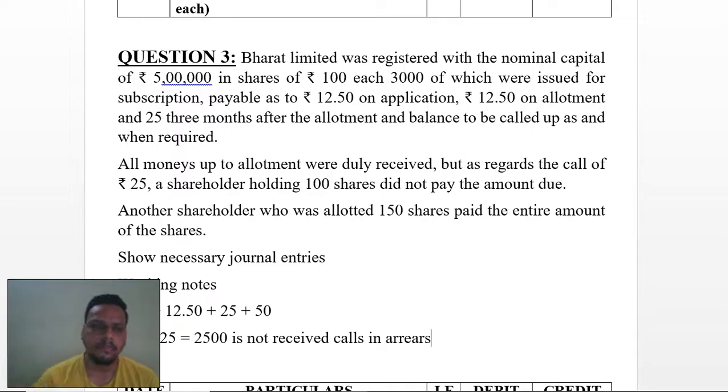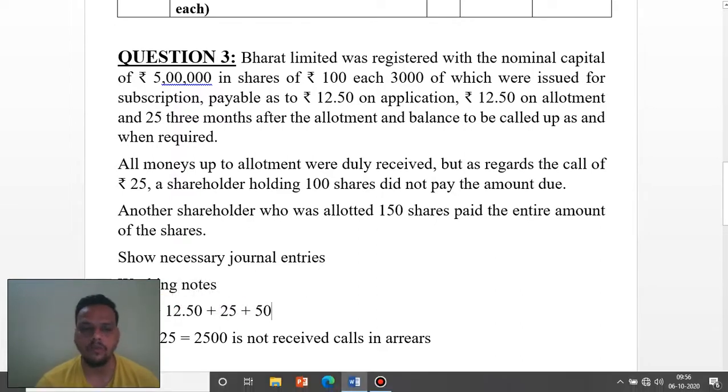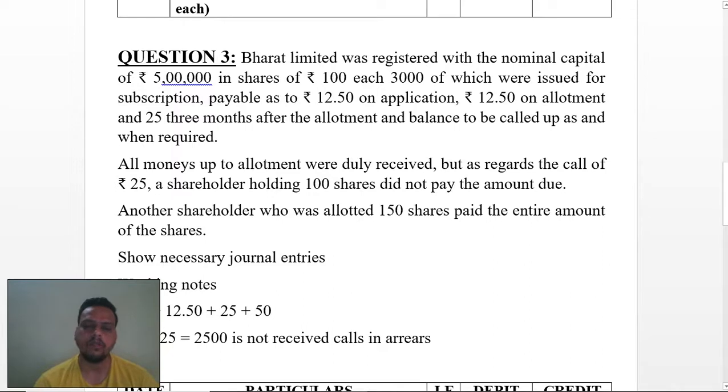Now the next part shows that another shareholder, who is holding 150 shares, paid the entire amount of the share. That means he already paid up to 50 rupees, and the next 50 rupees he is also adding. So what we are doing, we'll calculate this accordingly: 150 into 50.